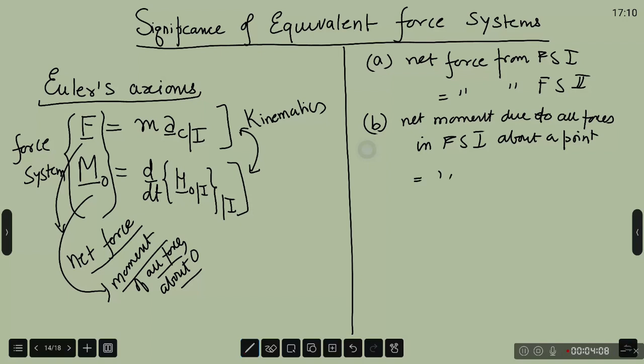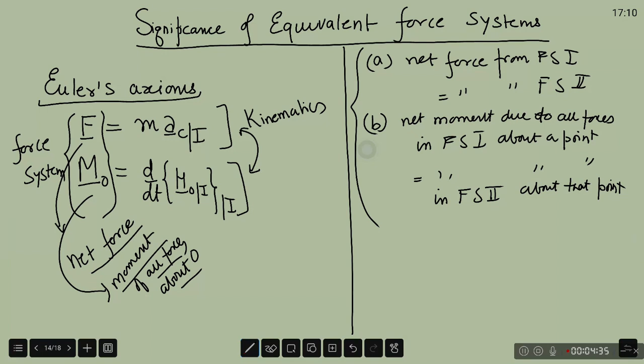Initially, when I introduced this idea of equivalent force system, I presented these two conditions as mathematical conditions. But in the light of Euler's axiom, please make sure you understand that if two force systems are equivalent according to this mathematical definition, then it is guaranteed the effect of those equivalent force systems on a given RB will remain identical.